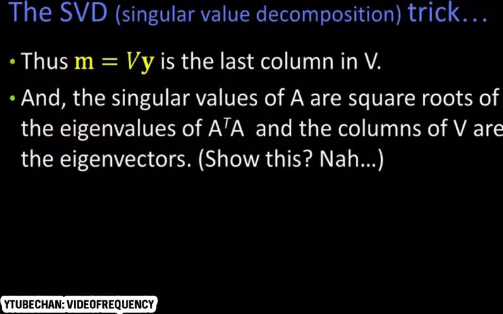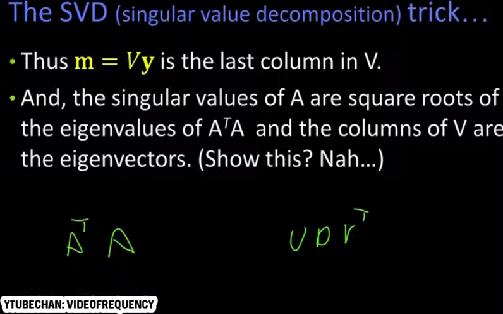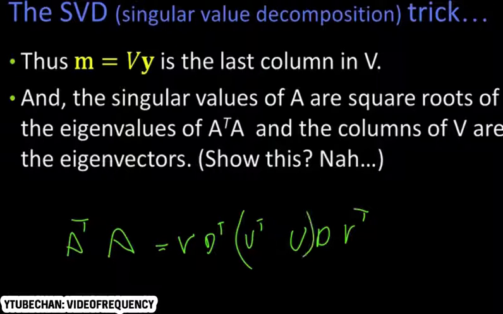If I just write out A, we know A is written as U D V transpose. A transpose A is just that transposed, so that's V D transpose U transpose. Well, U is an orthogonal matrix, so U transpose is also U inverse, so that's an identity. So that goes away.